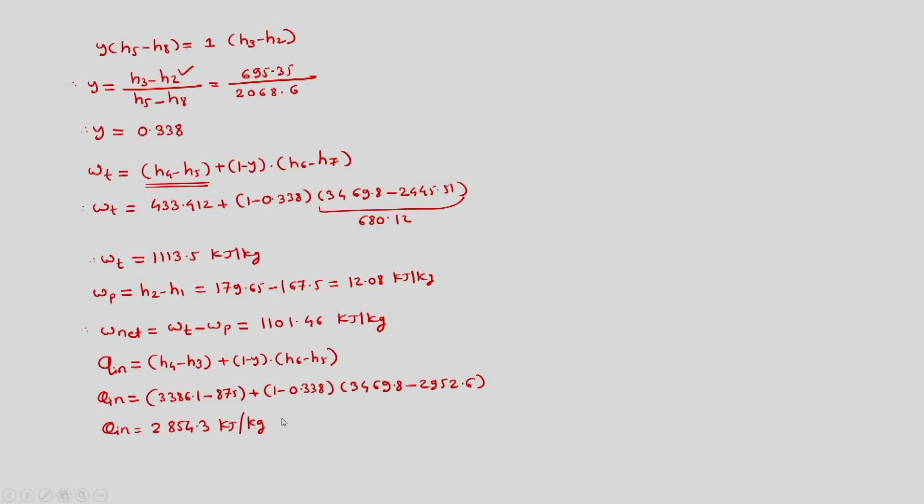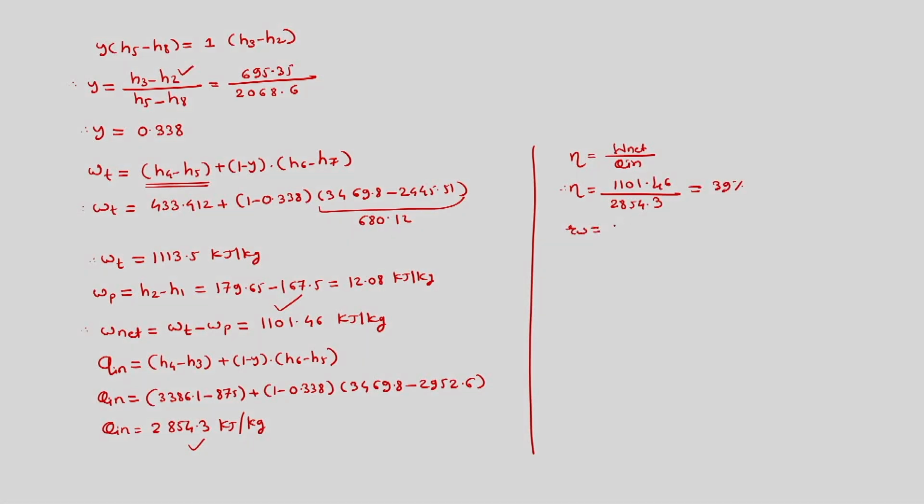And then we can find the efficiency, which is equal to W net upon Q in. W net we have found as 1101.46, and Q in we found as 2854.3. This gives us efficiency as 39%.